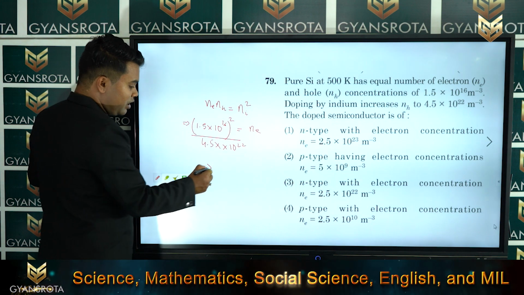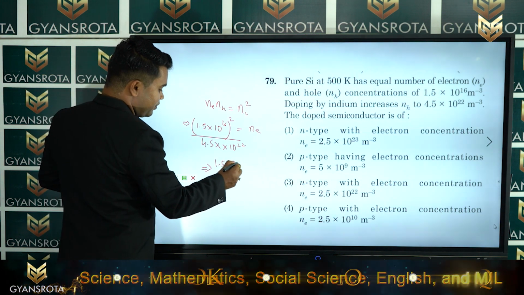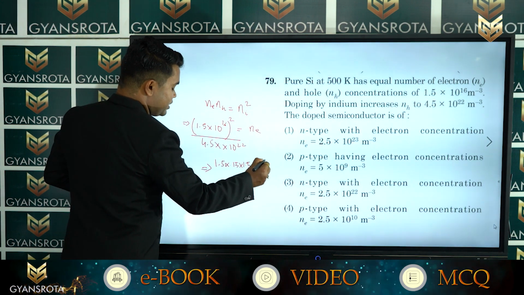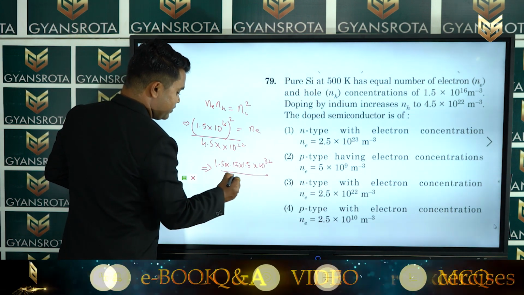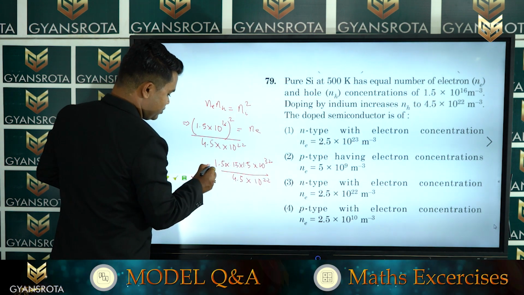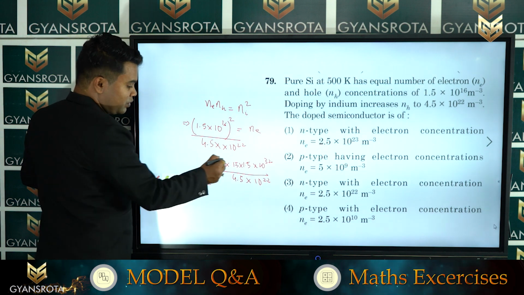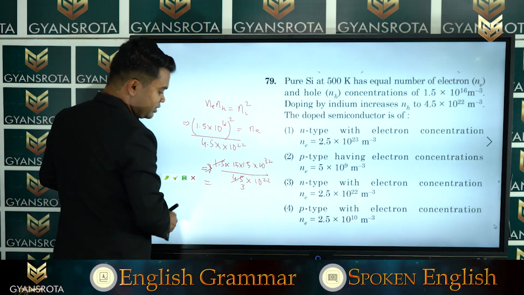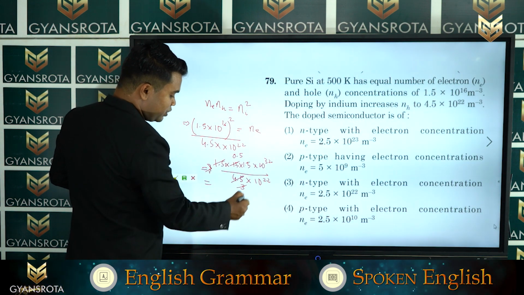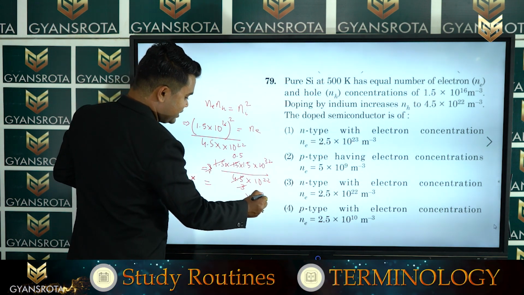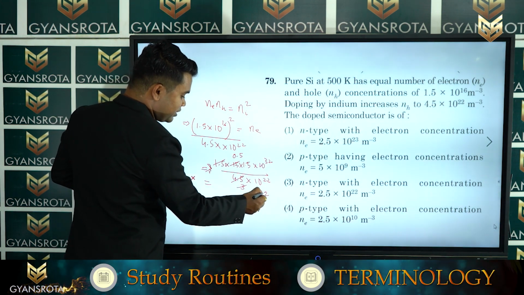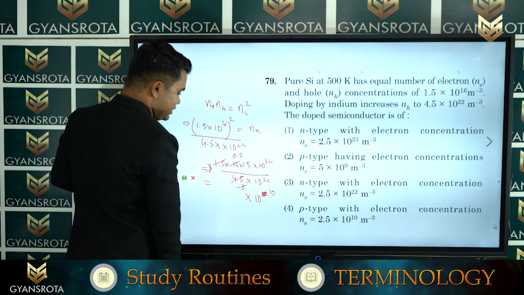So it is 1.5 into 1.5 into 10 to the power 32 divided by 4.5 into 10 to the power 22. 1.5 goes 3 times, then 3 goes 0.5 times, and 10 to the power 32 minus 22 will be 10 to the power 10.